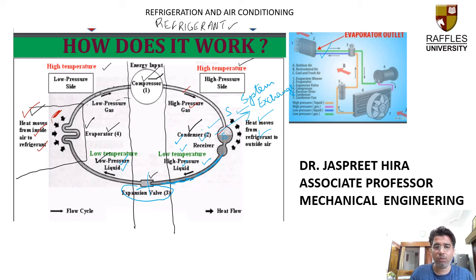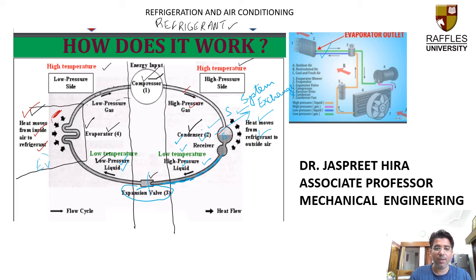So students, I think you must have understood the working principle of a refrigerant inside a refrigeration unit to maintain a low temperature, and the compressor has to work efficiently so that we get low temperature in the evaporator.